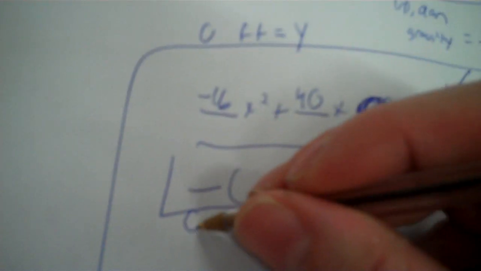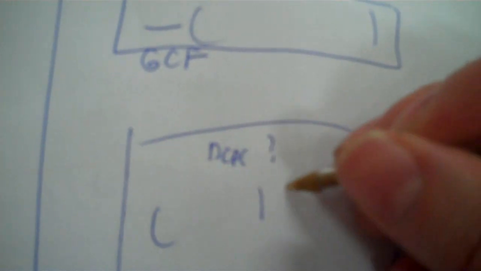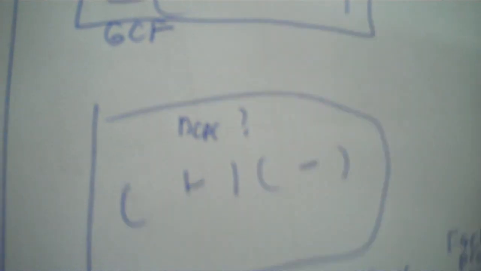Now I just see 2 terms. So with 2 terms it's GCF, and then we check and see if we have a difference of perfect squares. So I have an x at the end that needs to be factored out. I have a negative in the front that needs to be factored out. Then 16 and 40, and it wouldn't be 16. 40 is not divisible by 16. 16 and 40 are both divisible by 8.